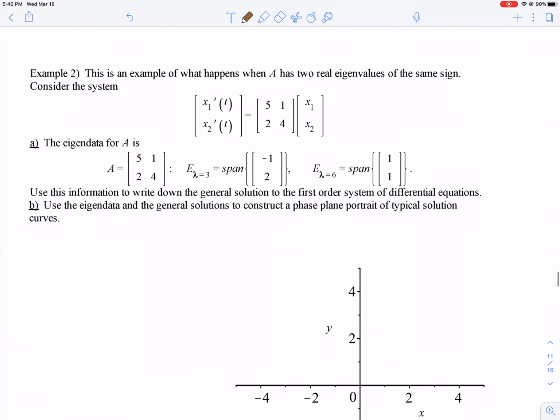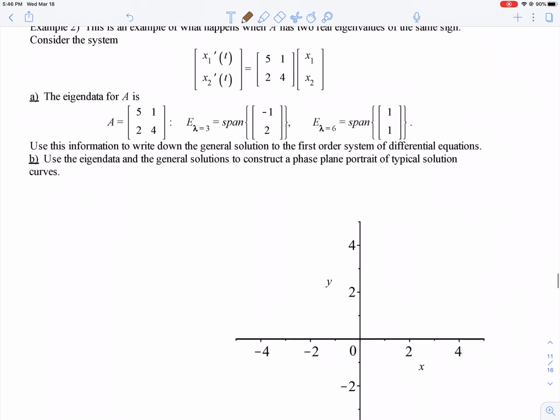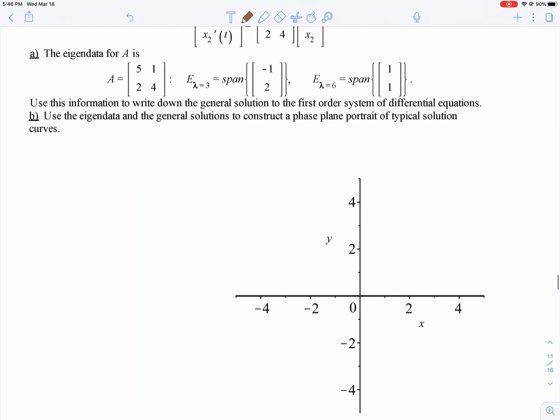Okay, so now what happens when the eigenvalues have the same sign? So let's look at this example, and we're all experts at finding eigendata, so just take it on faith or check it on your own, that the eigenvalues are 3 and 6, and they're given as the spans of the indicated vectors.